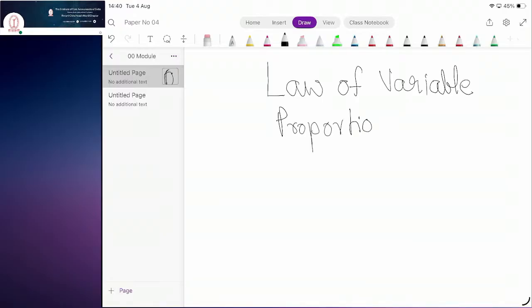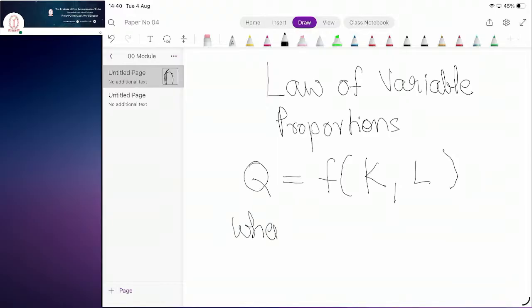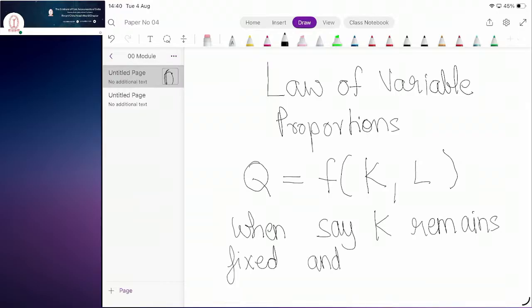When we write the production function Q as a function of, let us say, two inputs, capital and labor, this law of variable proportions applies when capital remains fixed, that is, you cannot change that input, and labor is the variable input.